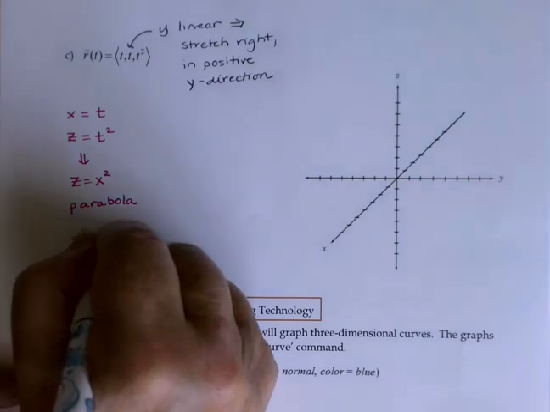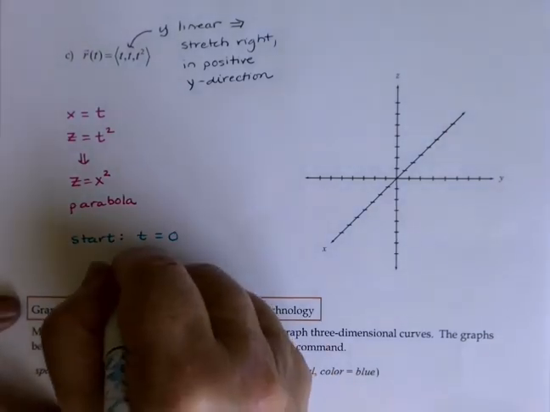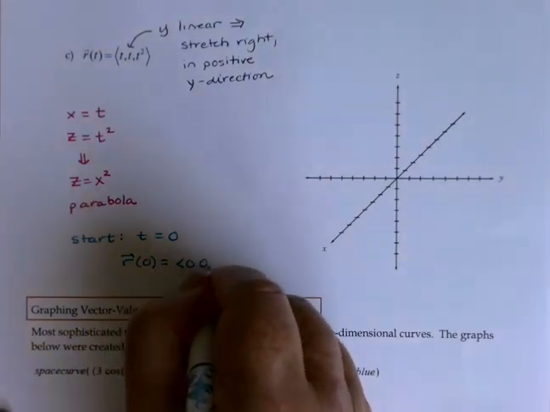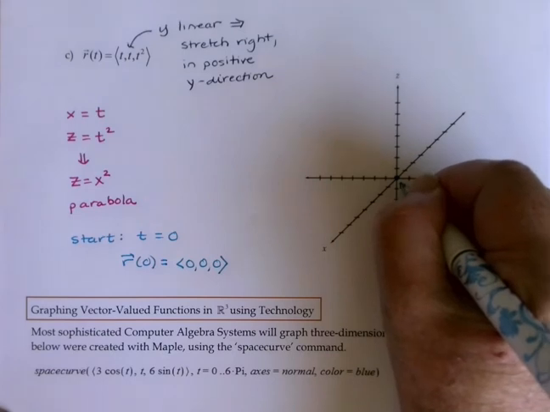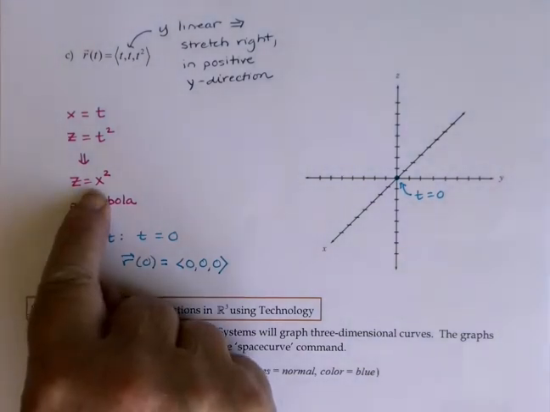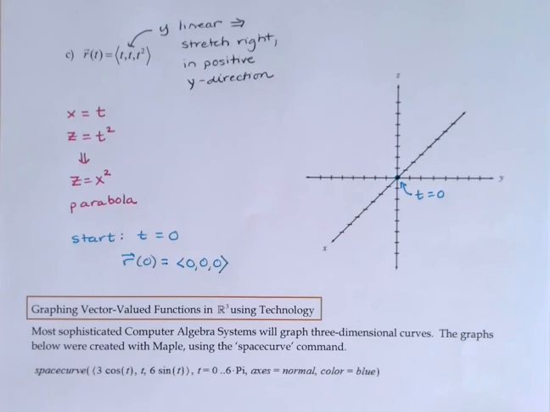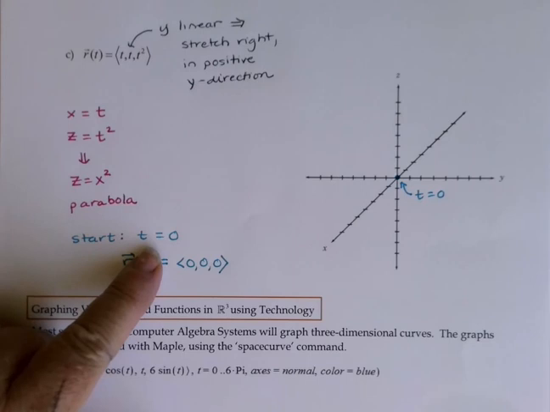I'm going to get a starting point again. At t equals 0, we would have r of 0. And notice it's just going to be 0, 0, 0. So I'll start here at the origin. That's our t equals 0 position. And then I want to draw a parabola, z equals x squared. Notice that would be this parabola in the xz plane. But since I'm only going to go for right now, at least for positive values of z, I'm going to be looking at positive values of t.